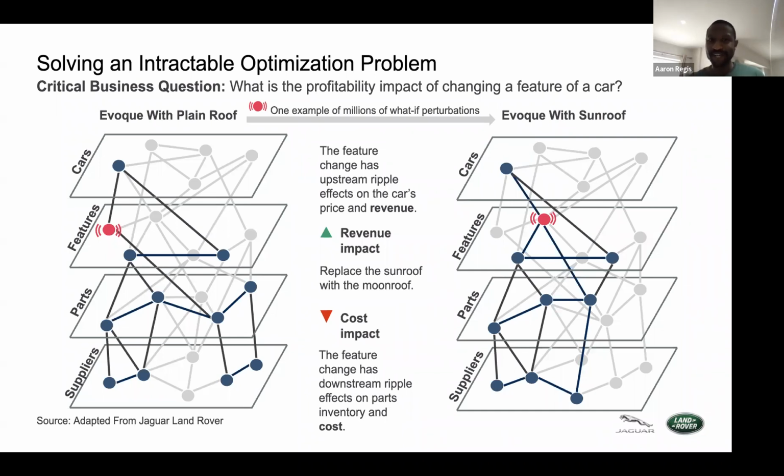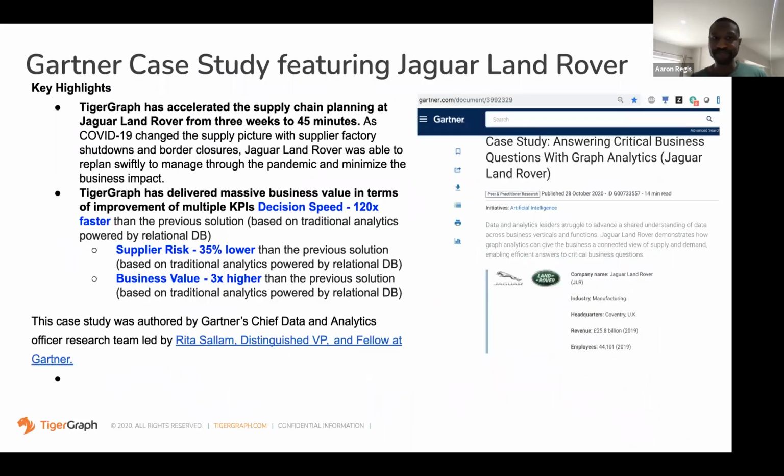And if I make hundreds of thousands or millions of these slight changes, rerun my model and get my data, I could understand what is the optimal car, basically, in terms of the features and parts that comprise that car. So this is a very powerful capability that's really leaning on the core capabilities of technology like TigerGraph. If you can do these slight changes and recalculate very performantly, then it will help you find the most optimal solution.